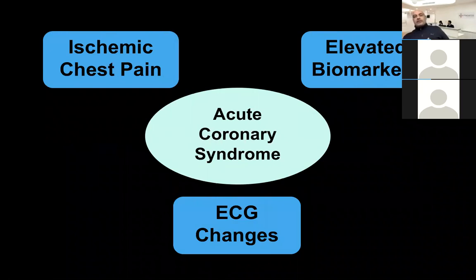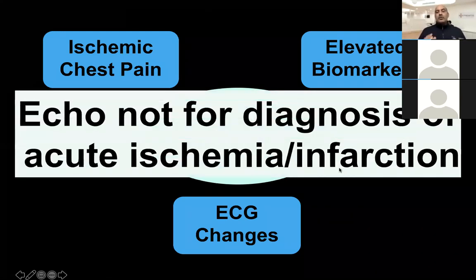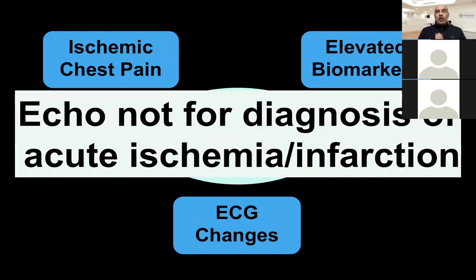One more thing before I go to the left ventricular global functions: in acute coronary syndrome, there is ischemic pain, there are elevated biomarkers, and there are ECG changes. There is no mention of echocardiogram. And the reason for that is echocardiogram, unfortunately, cannot distinguish between dead or alive tissue on a short-term basis.